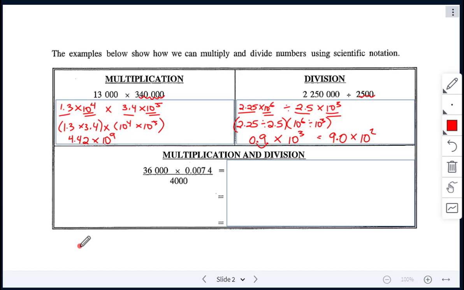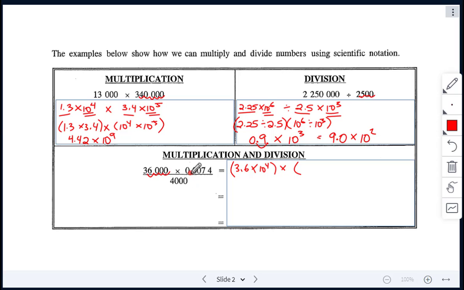Okay, so for our third example here, we have multiplication and division. So let's change all of those numbers into scientific notation. So 36,000, 1, 2, 3, 4. So that is 3.6 times 10 to the power of 4. And that is being multiplied by a smaller number.